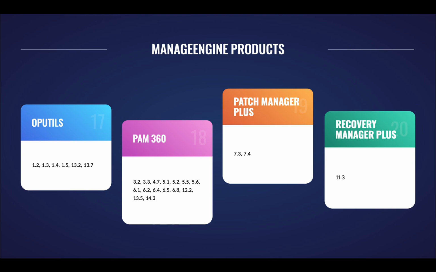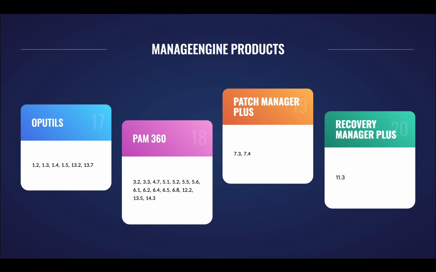PAM360, again, one of the products that we discussed so often in these CIS subcontrols explanations. Privileged access management monitors the infrastructure for privileged accounts, and you can manage them.